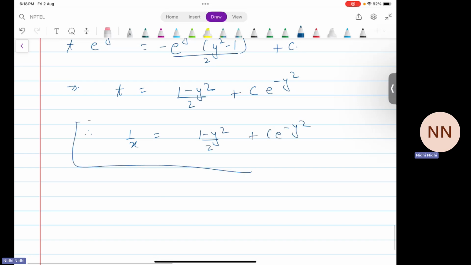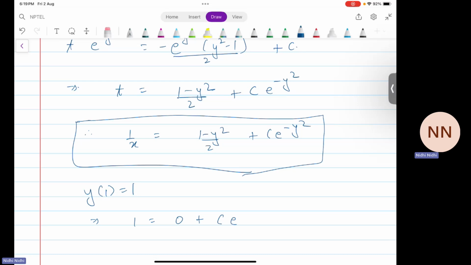Now this was our general solution. We need to find the solution of the initial value problem. So we have condition y at 1 is equal to 1. This gives us 1 is equal to 0 plus c e to the power minus 1.